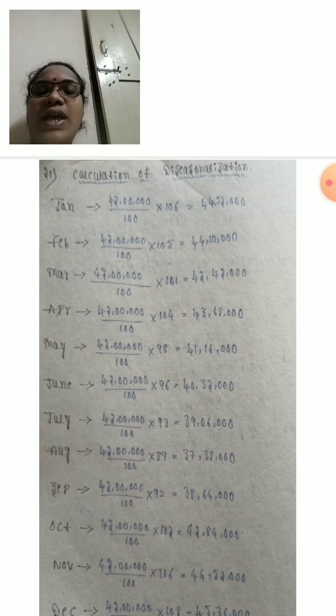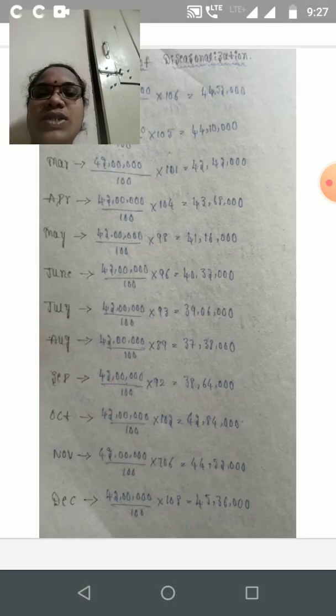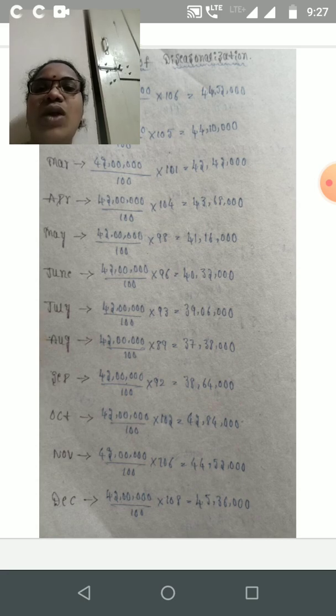April, into 104, 43 lakhs 68,000. May, into 98, that is 41 lakhs 16,000. June, into 96, 40 lakhs 32,000. July, into 93, 39 lakhs 6,000.